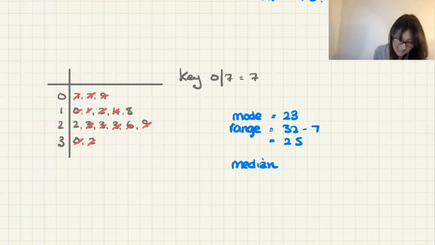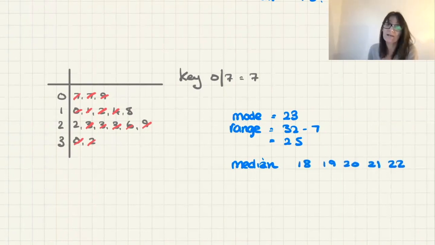I have got 18 and then 22, and I need to be slap bang in the middle of those. So 18, 19, 20, 21, 22. This really is the best way to find the middle. And I'll just cross off again, and there it is, slap bang in the middle. So my median is equal to 20.